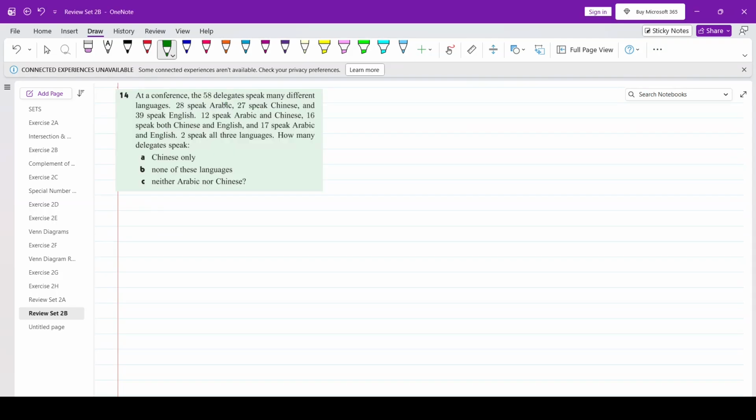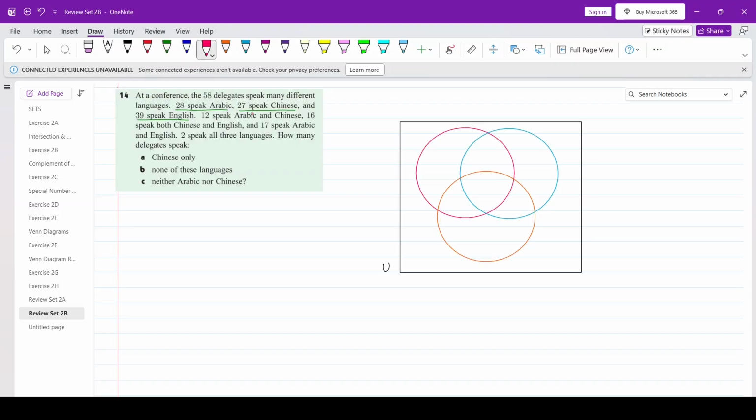At a conference, the 58 delegates speak many different languages. So 28 speak Arabic, 27 speak Chinese, and 39 speak English. Therefore, let's say this circle is for Arabic, this is for Chinese, and this is for English.